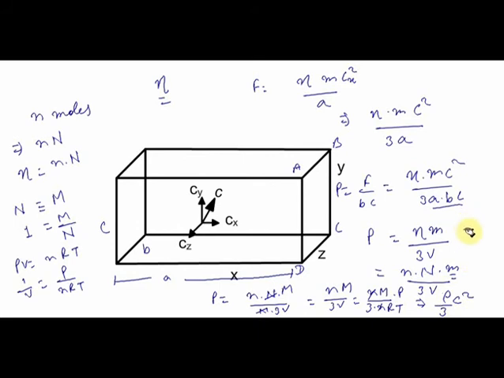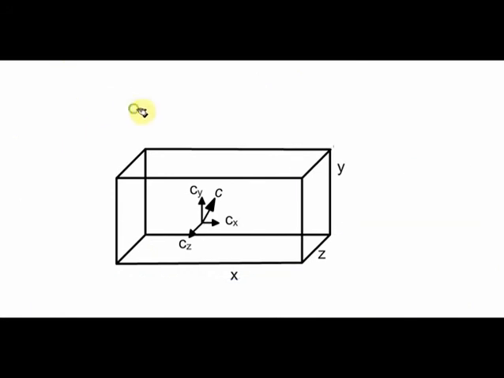So now we are left with rho by 3 into C square. Finally we get the pressure exerted by gas molecules on a wall as P is equal to rho by 3 C square, where rho is the density of the gas and C is its root mean square speed.